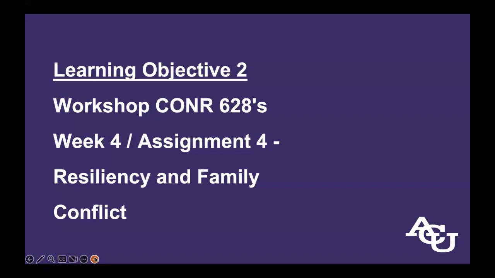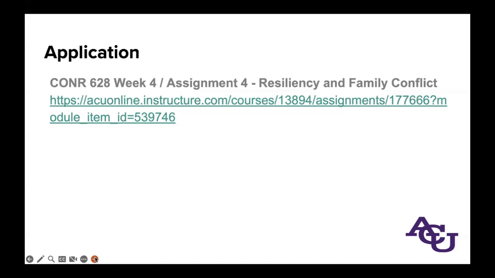Okay, so let's talk about CONR 628, week 4, assignment 4, resiliency and family conflict. Let's kind of leave the elephants and bees aside for a moment to actually talk about this. And on slide 17, you've got the hookup, the actual connection with that assignment.